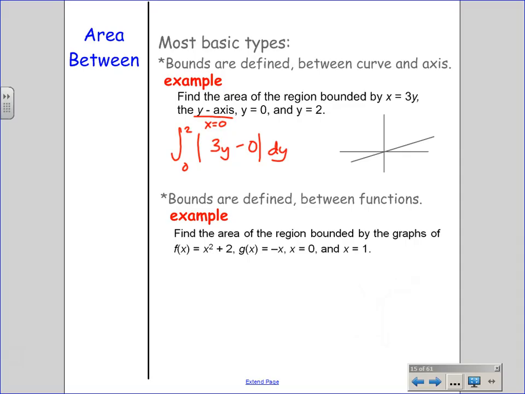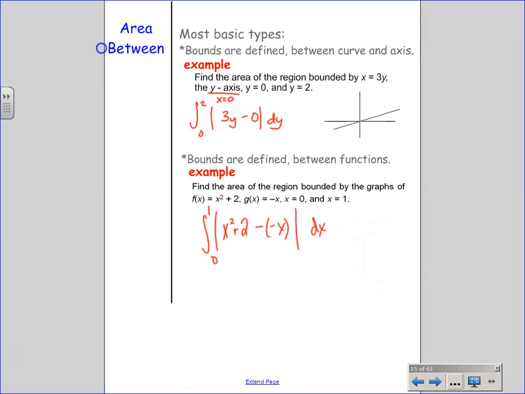But down here, this has two functions. Regardless of who's where, if I just put one in the first spot, put one in the second spot, and put in an absolute value to say, oh, well, it'll make it right for me, what do I consider then? Yeah, I have to consider whether the 0 and 1 is good the entire time or whether I need to split up because the orientation shifts.